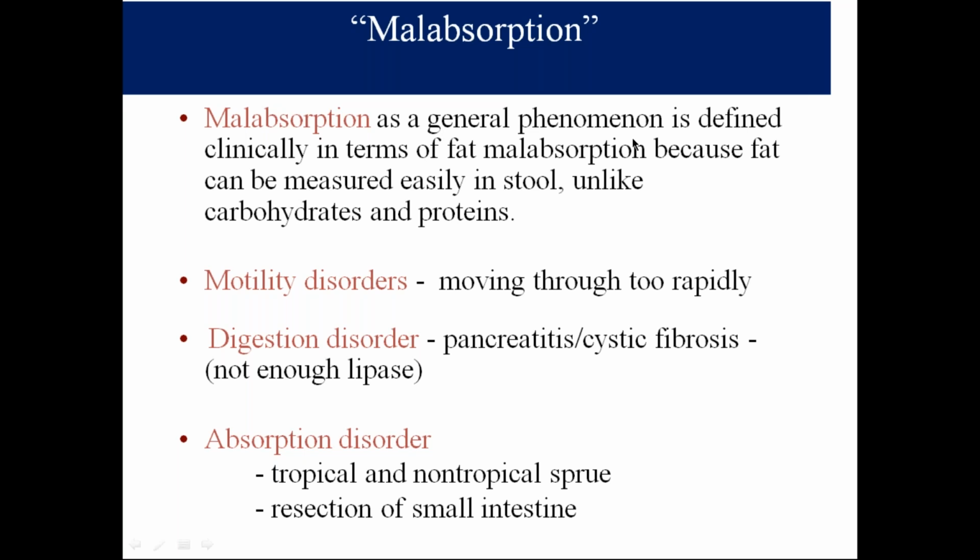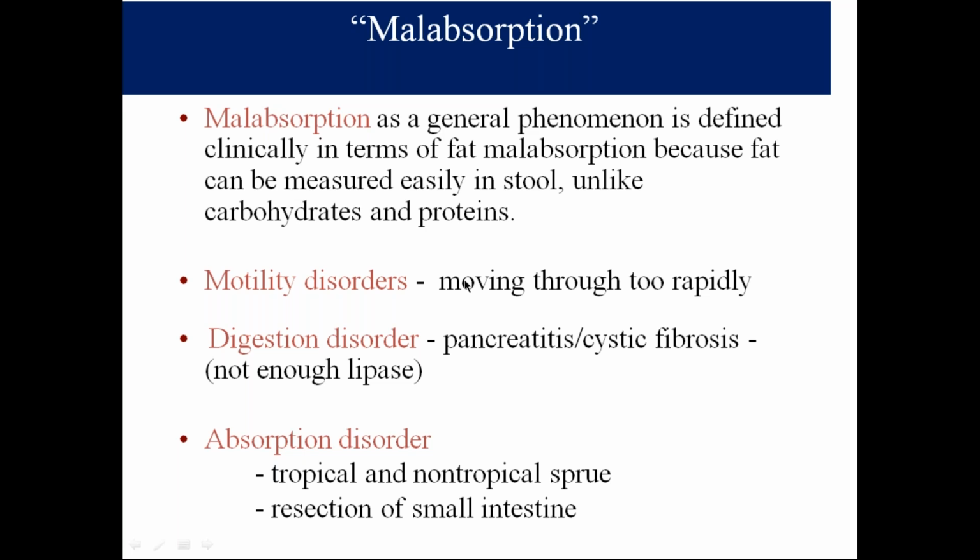Malabsorption as a general phenomenon is defined clinically in terms of fat malabsorption because you can measure the fecal fat. Malabsorption can be because of disorders of the motility of the GIT, because of the disorders in the digestive process, or because of the disorders in the absorption process, right?